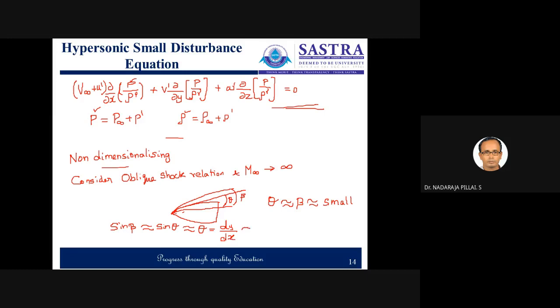And you know already dy by dx, this is dy and this is dx, right? So we already know that this term can be equated to tau, that is equal to d by l.